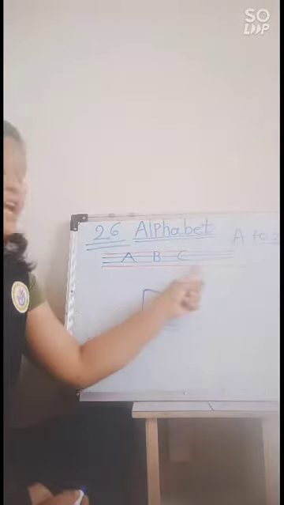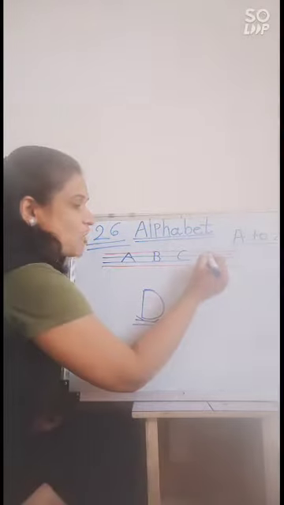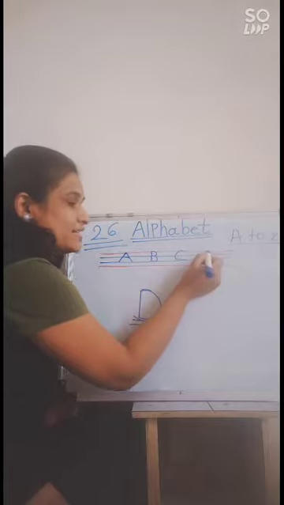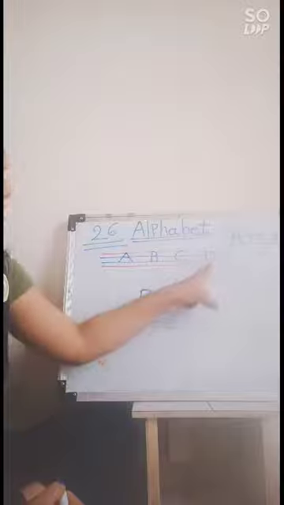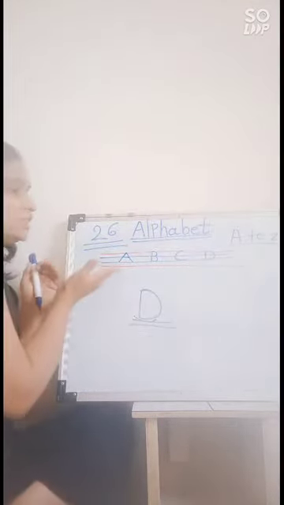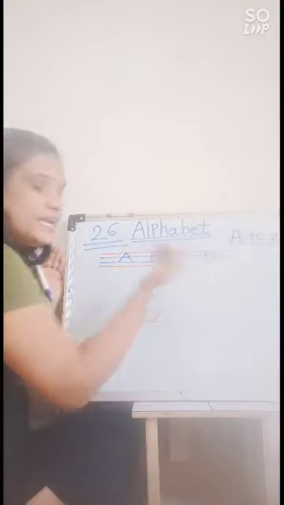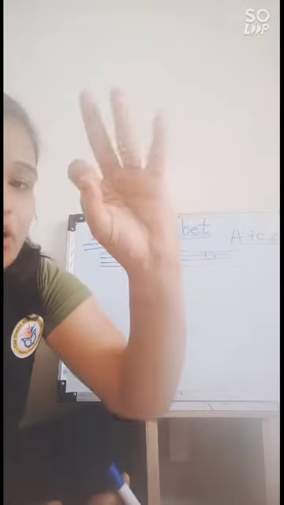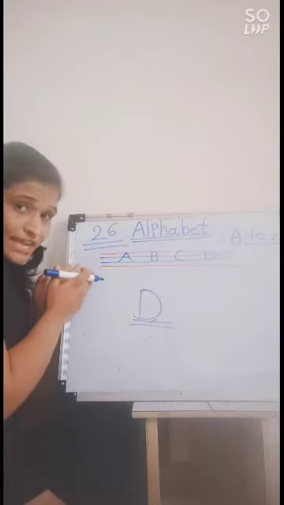One standing line and one half circle. That is called D. So there are the letters A, B, C, D. We can write A, B, C, D only in the upper 3 lines of your 4-line notebook.